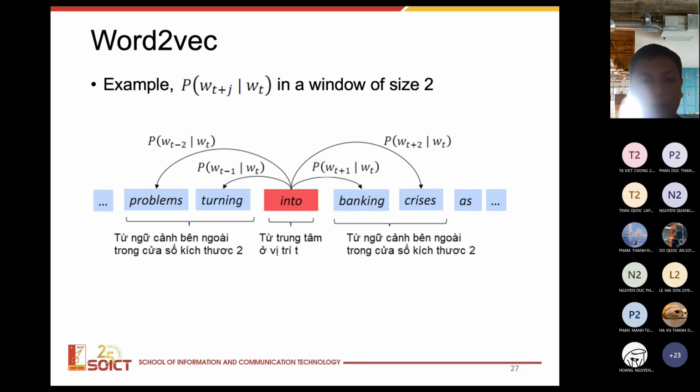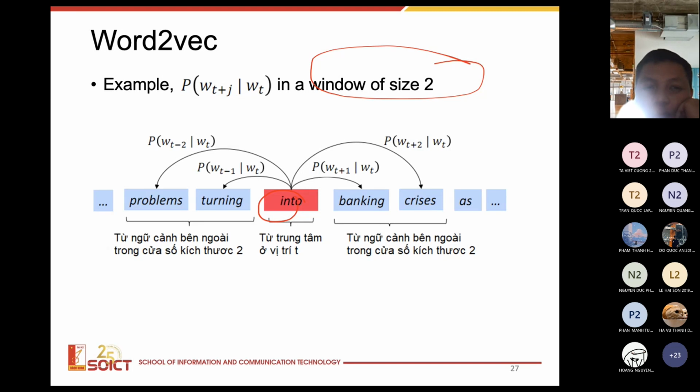For example, if we consider a context window of size 2, that means that for every word we only consider 2 words in the back and 2 words in the front.